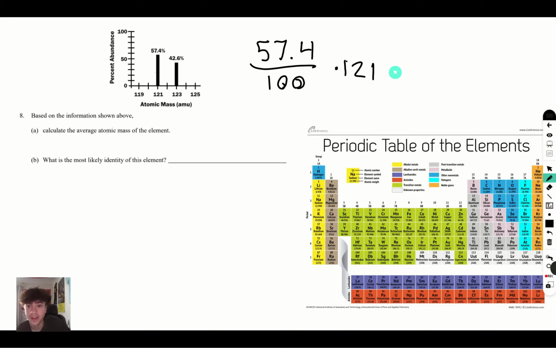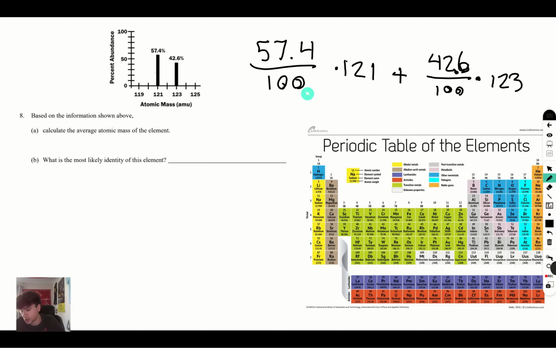And then you do the same thing with the other one: 42.6 over 100 times the other mass, 123. Notice how this 42.6% matches up with the 123, and this 57.4 matches up with the 121. So you go ahead and do that.